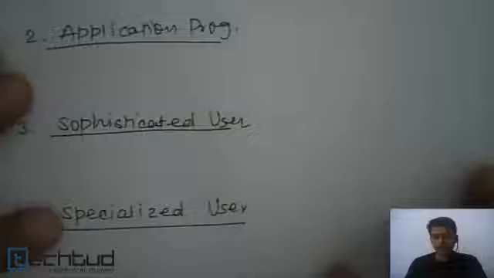The application programmer is a kind of user who writes application programs. These are programmers who write programs and access the database programmatically. So this is the application programmer.